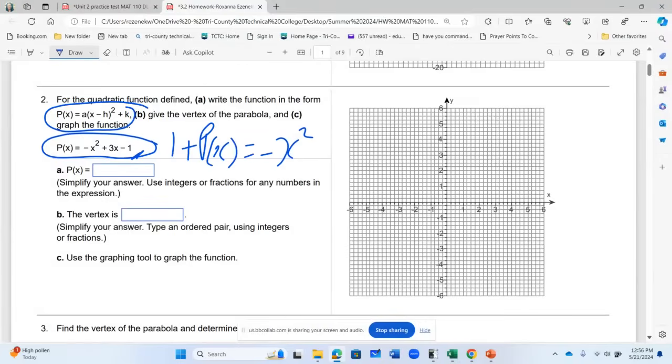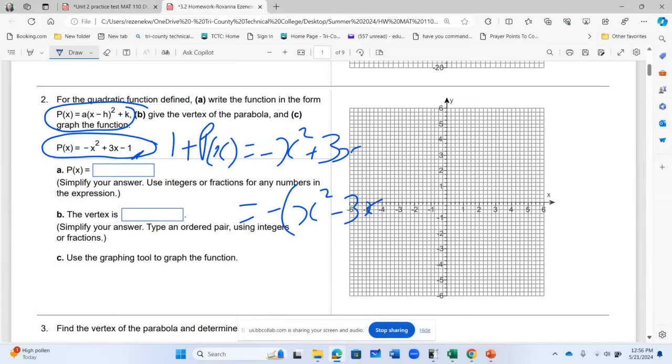Negative x squared minus 3x. Actually, it's plus there. And if I like, I can put the negative outside: negative, x squared minus 3x.